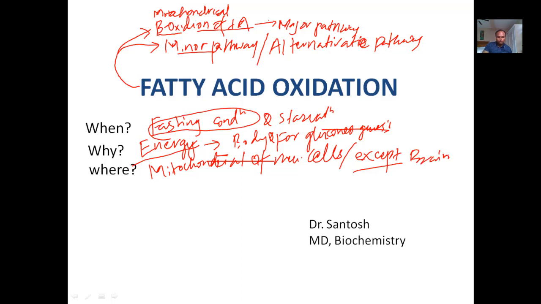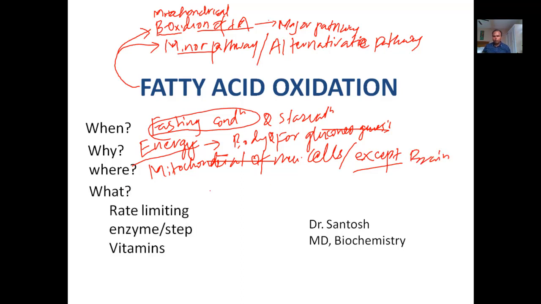Now the next question is, what are the things that take part in the reaction? The rate limiting enzyme is CPT1, carnitine palmitoyl transferase 1. It is present in the outer mitochondrial membrane.